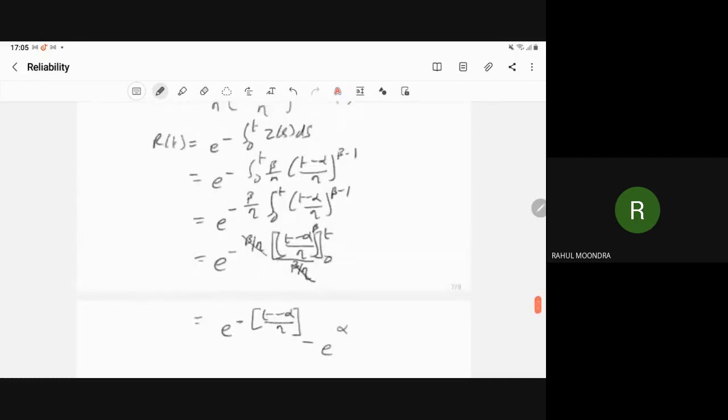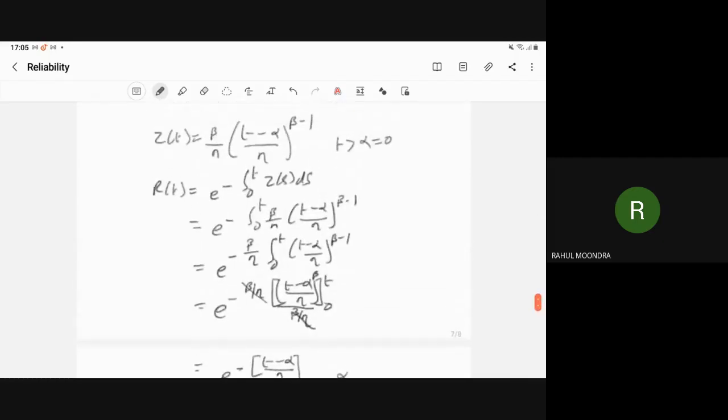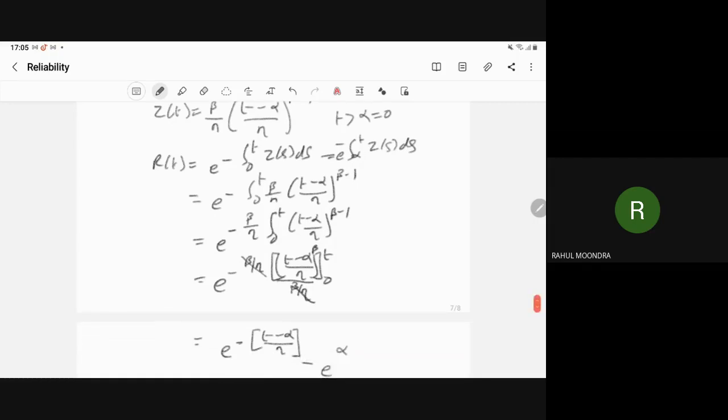But just don't take alpha equal to 0. If you take alpha equal to 0, then we have the basic formula, this will become e to the power minus the integral alpha to t of z(s) ds, because time you are defining for t greater than alpha. So instead of 0 to t, now you will take alpha to t.